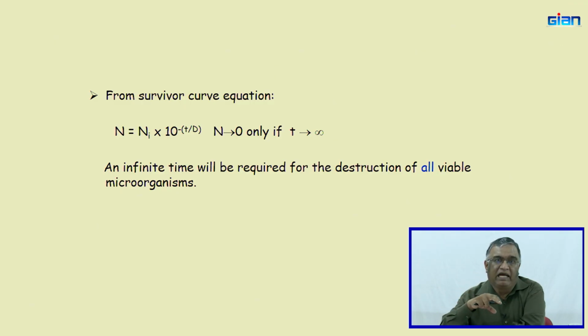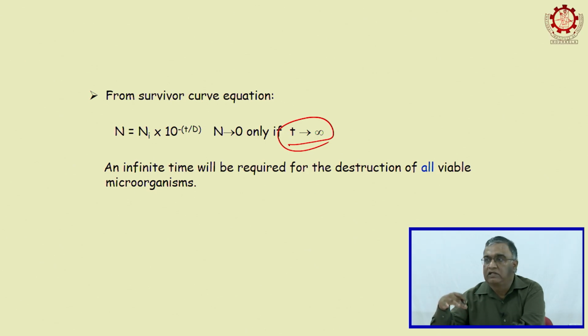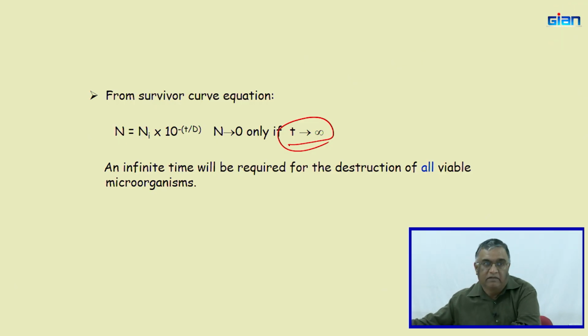Can I say I completely inactivate microorganisms in that processed food? Mathematically, you're never going to say that, because it's impossible to have complete inactivation. It's going to take infinite time to achieve that. So you can say I achieved 10 log reduction, or I achieved 7 log reduction, and so on, rather than saying complete inactivation.